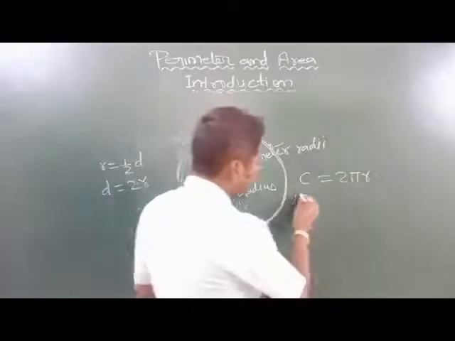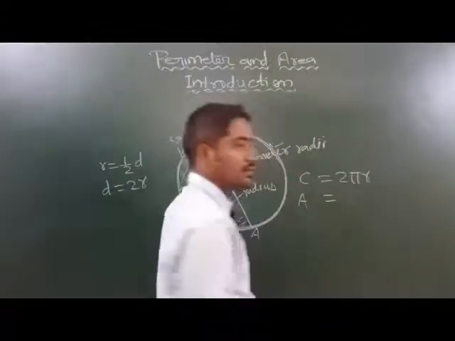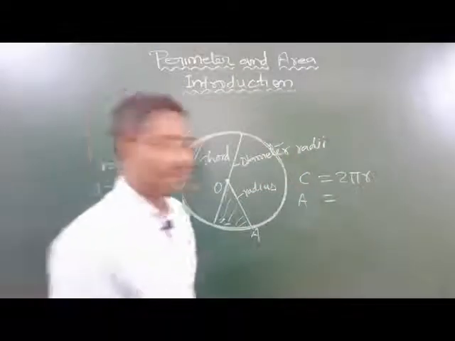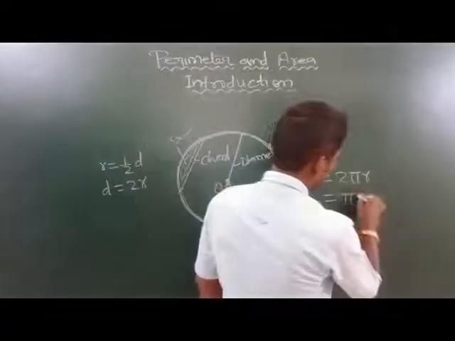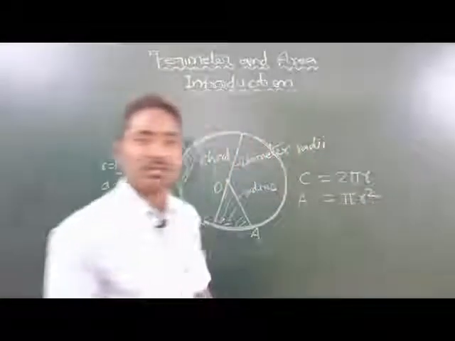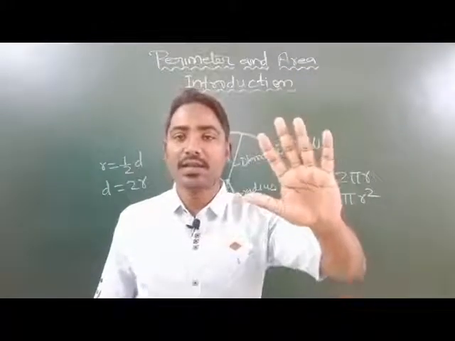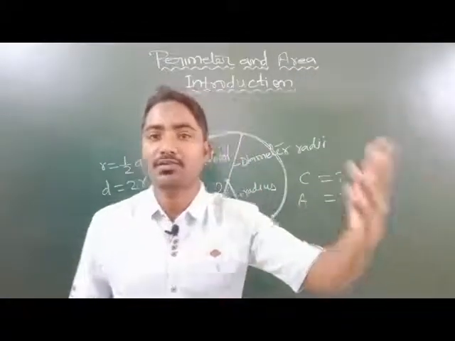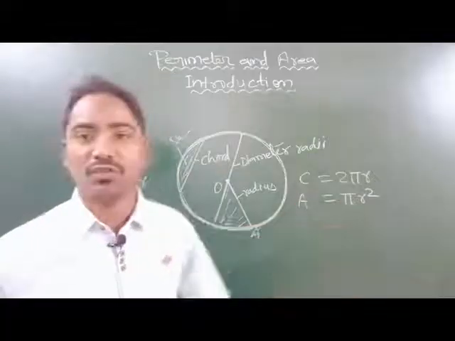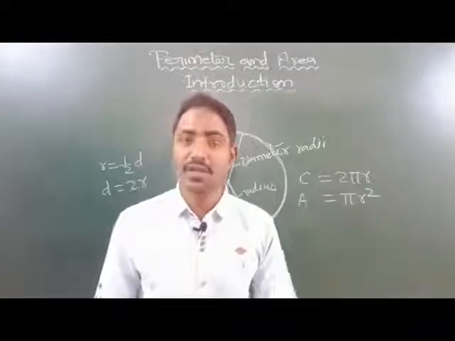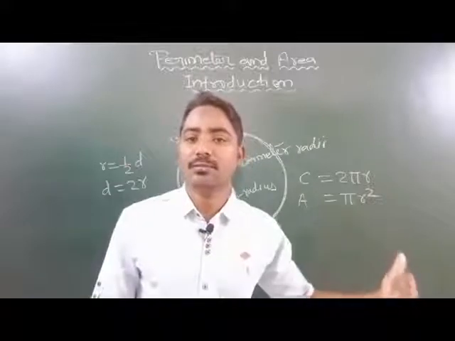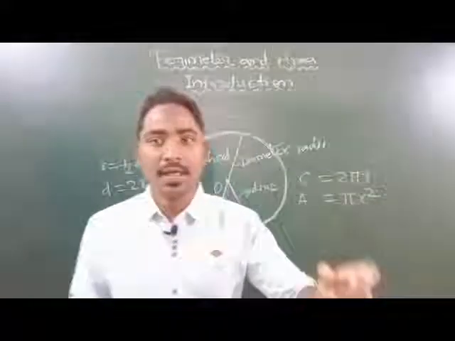Similarly, to calculate the area of the circle, we have the formula pi into r square. R square means r into r. Suppose the value of r is 5 centimeter, then 5 multiplied two times, 5 into 5, is 25, and pi is the constant I already explained, 22/7 in fractional form and 3.14 in decimal form.